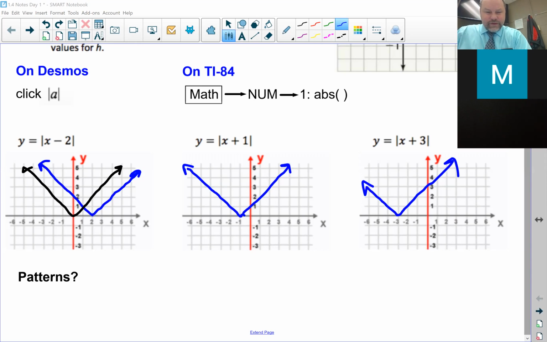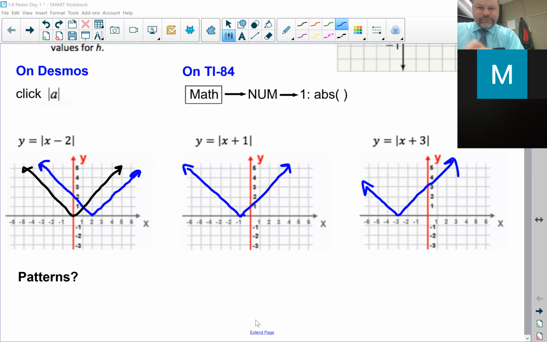Yeah. So it moves to the right when I subtract 2. It moves to the left when I add.